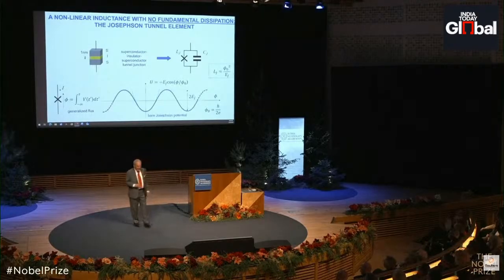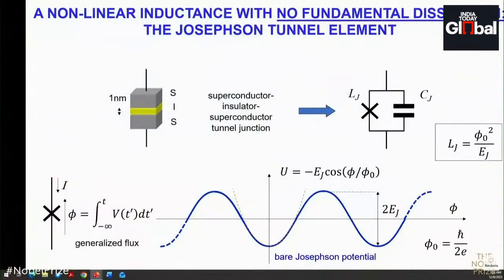If we now plot the energy of this tunnel element as a function of this generalized flux, we do get something that deviates from a parabola. In fact, it deviates a lot. We get this cosine potential. And this cosine potential has a periodicity which is given by h bar over 2e.